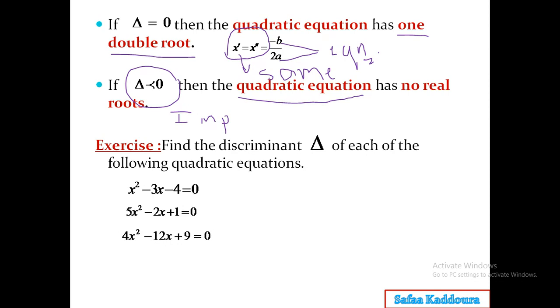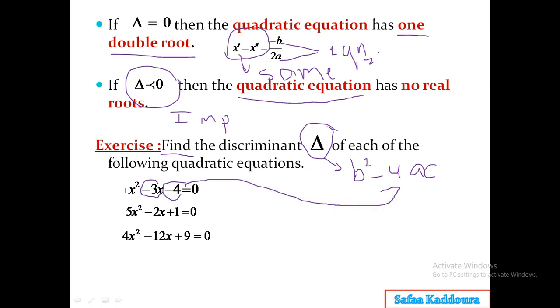Exercise. First, I want you only to find the discriminant delta, only to find delta. Not to solve, I said find delta by using the rule, which is b squared minus 4ac. Please try it by yourself. Find a, find b, find c, and substitute them in the rule.